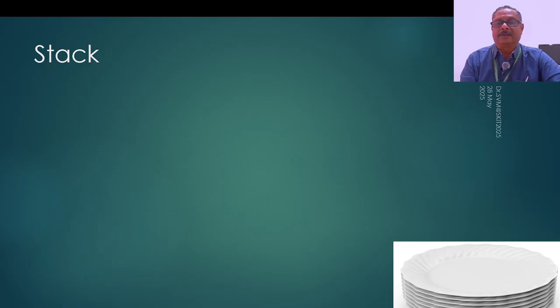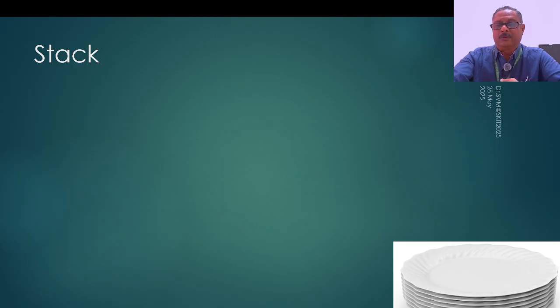That means there is only one point of operation. If you want to add, it comes on the top. If you want to remove, it is from the top. So there is only one point of operation. When we are adding the plates, the first plate added will be at the bottom, the last plate added will be on the top.